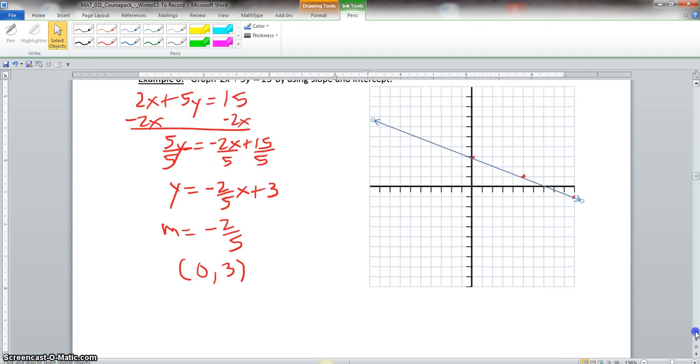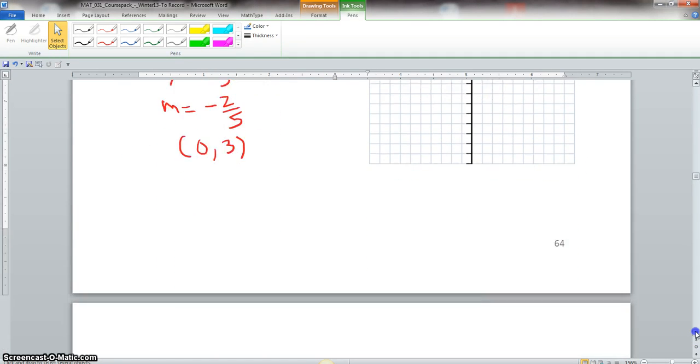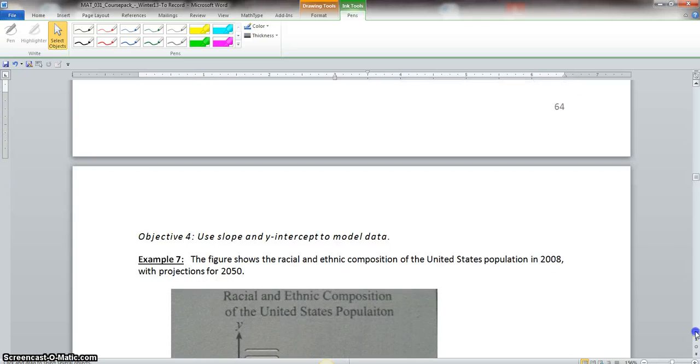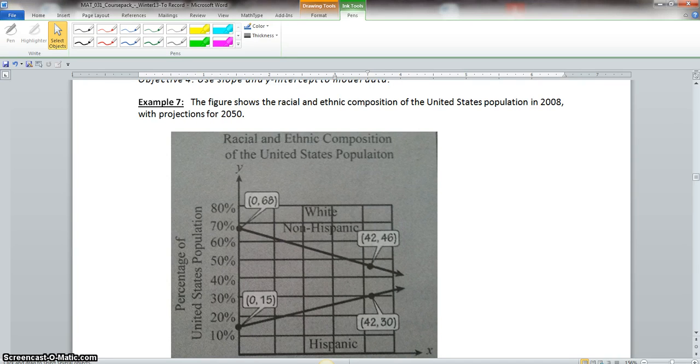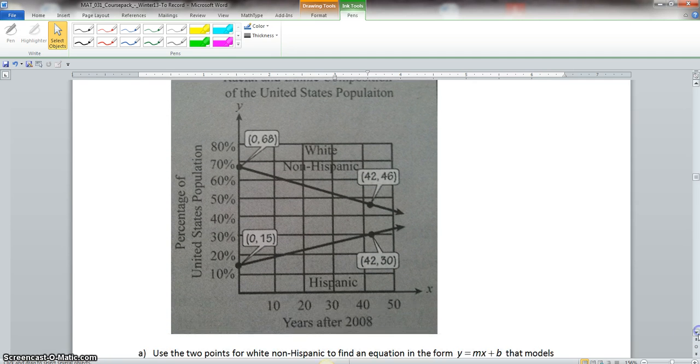So now we need to scroll down here to objective 4. The figure shows the racial and ethnic composition of the United States population in 2008 with projections for 2050. If you notice here, the white non-Hispanic population is steadily going down, which means that their population percentage is steadily decreasing, whereas the Hispanic population is increasing.